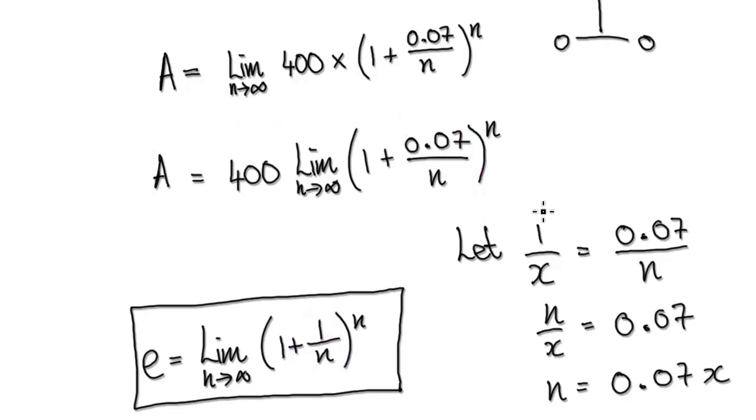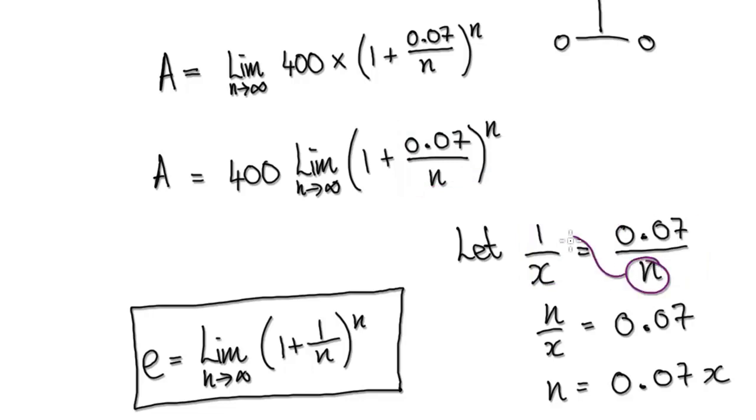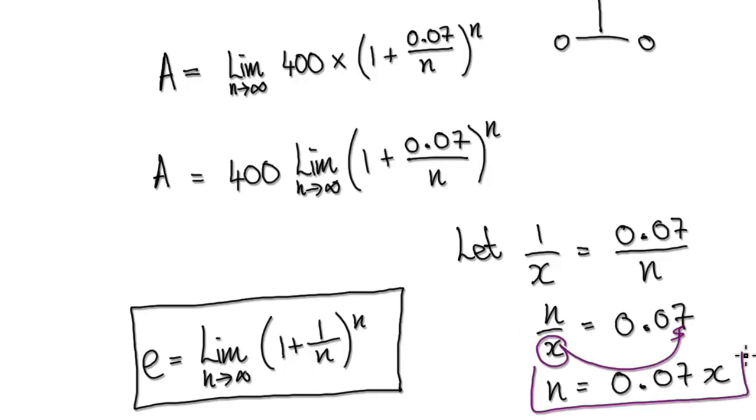So let this thing here be 1 over x. So 1 over x is this thing here, and then times both sides by n. So that will then give us this, and then times both sides by x. So that will then give us this.